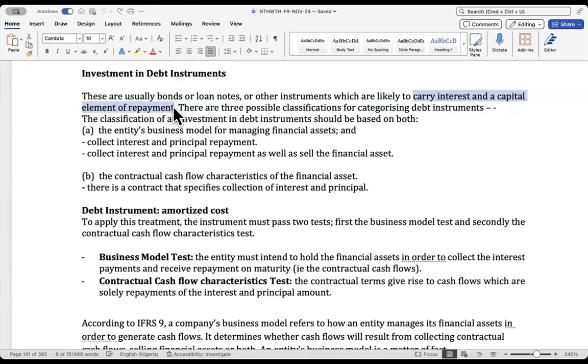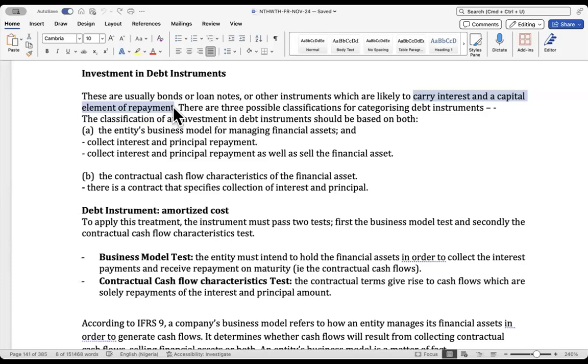So that's usually the characteristic of when you lend somebody money. You would get interest, and also you would get your money back at maturity.